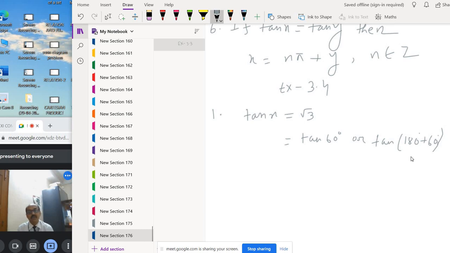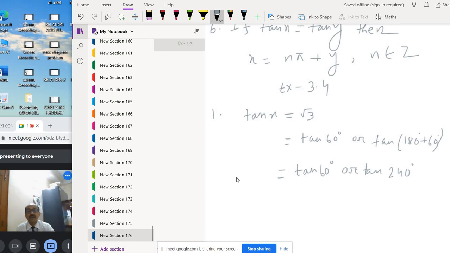So we can write tan 60 degree or tan 180 plus 60, that is 240 degree. Okay.